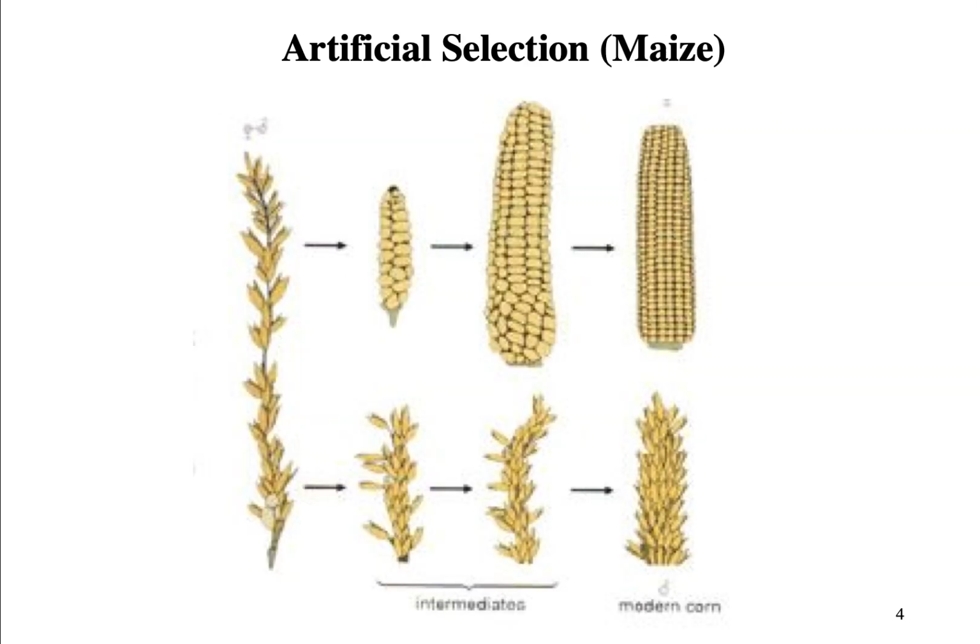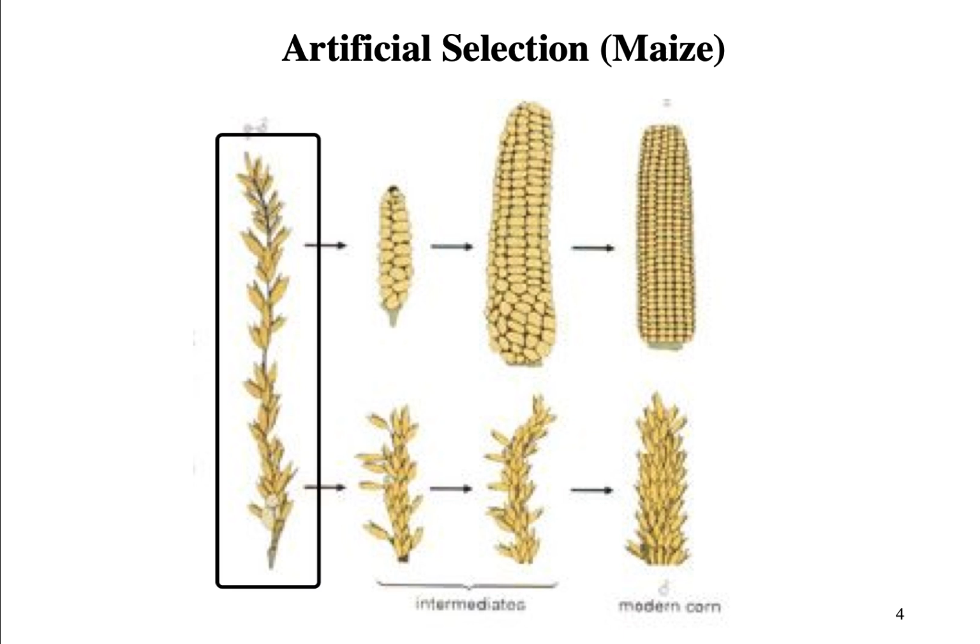For example, artificial selection in maize has led to modern maize, that has large kernels and large cobs with the kernels. But the ancient corn, the original corn or maize, was much simpler and had fewer kernels on each floral head.